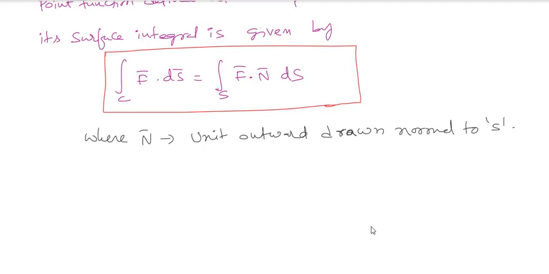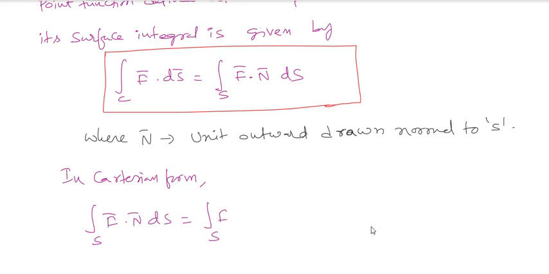In Cartesian form, if they ask you, you can represent integral f bar dot n bar ds as integral over S of f1 dy dz plus f2 dx dz plus f3 dx dy.